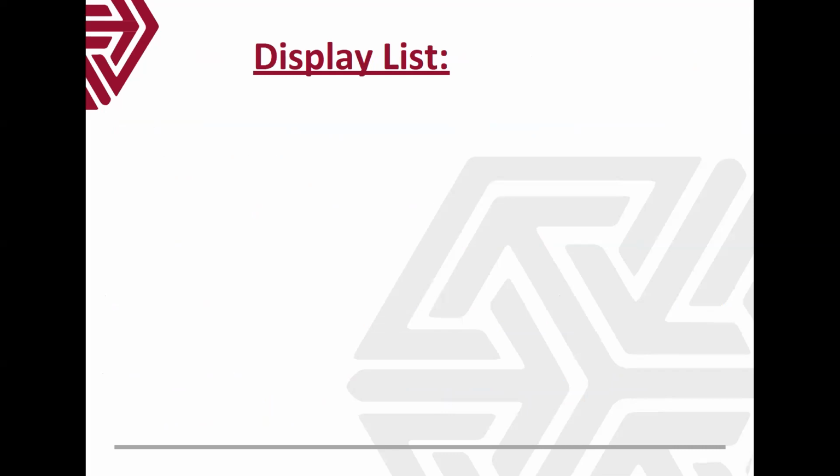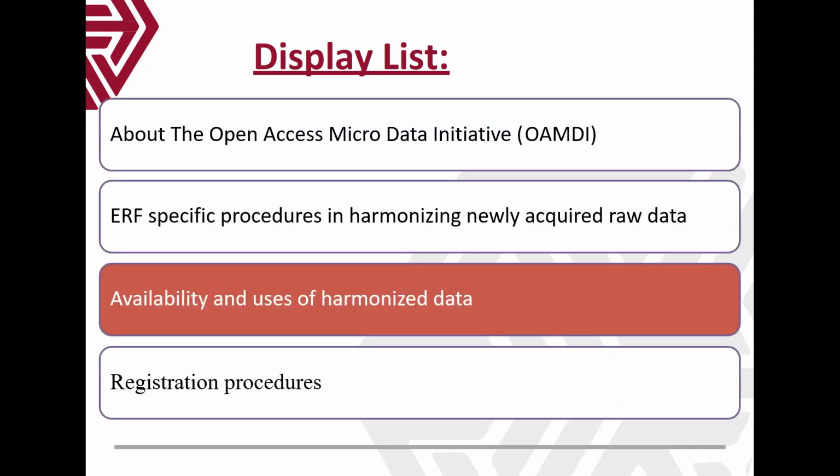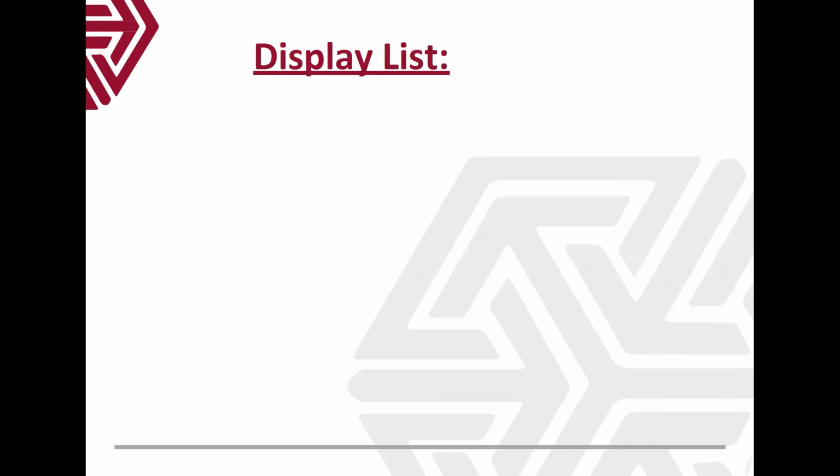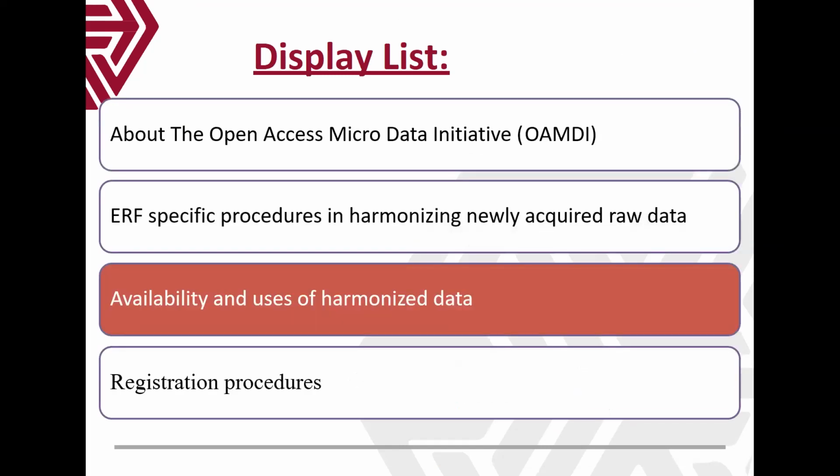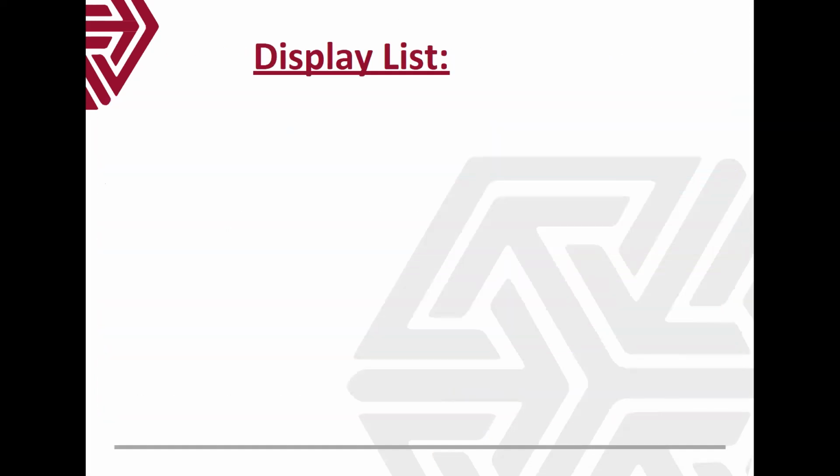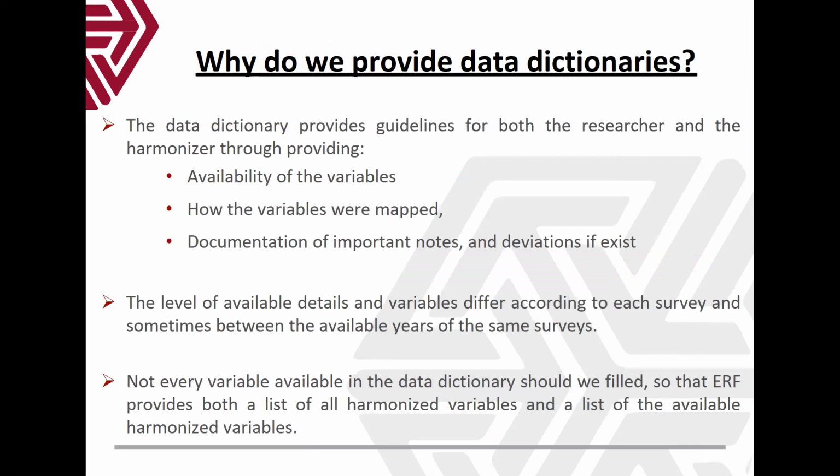As it's mentioned here, the level of detail in the variables differs according to each survey and between the years, but we need to make them as consistent as possible.